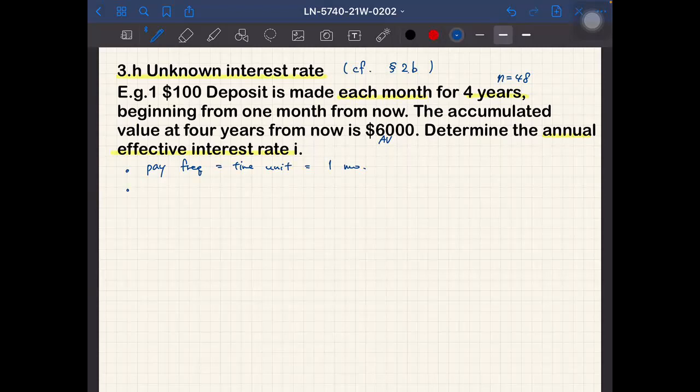The second point is that we have to determine the annual effective rate, so we have to calculate the monthly effective rate J first, then the annual rate I. And the third point is actually that J cannot be solved analytically.